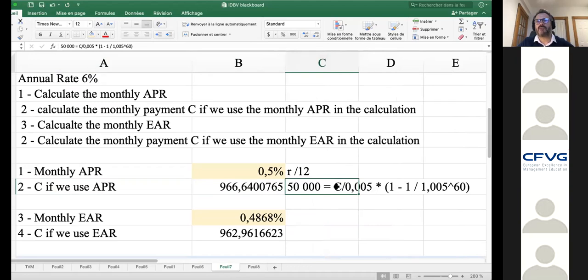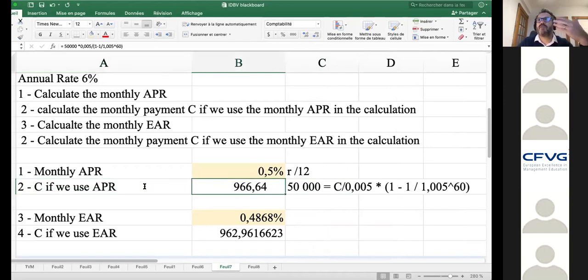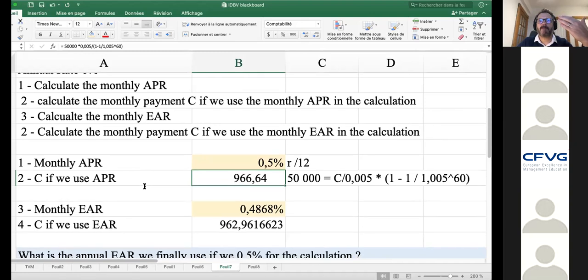We use the formula for the constant annuity with the APR, and so we calculate a monthly payment. So that's C. Every month people will pay 966.64.